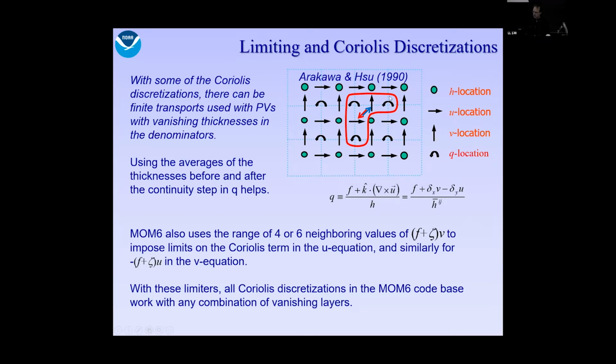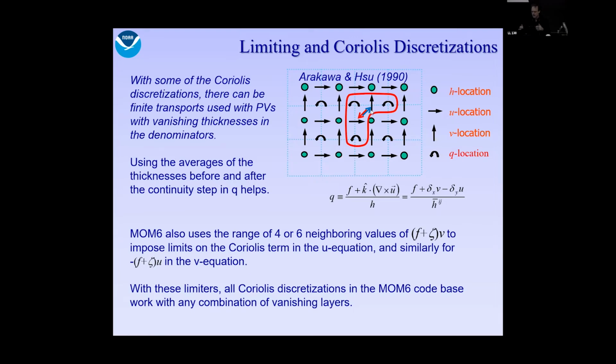So for instance, if all 4 of these points in the top right corner of this little schematic diagram are all 0, you can still have a non-zero transport here at this U point, and that U point transport is multiplied by 1/0 or an infinite PV to give you an infinite acceleration at this V point. Now that V point in this little hypothetical case has an infinite acceleration but 0 thickness.